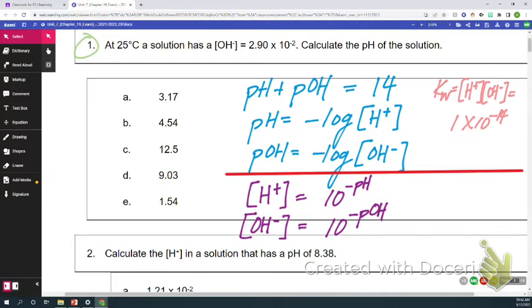Let's look at number 1. Okay? At 25 degrees Celsius, a solution has this much OH minus. It says calculate the pH.